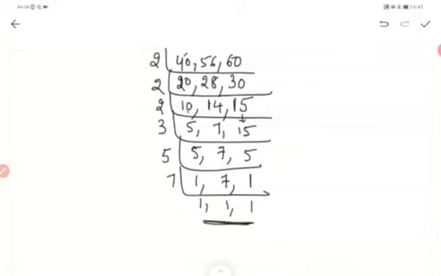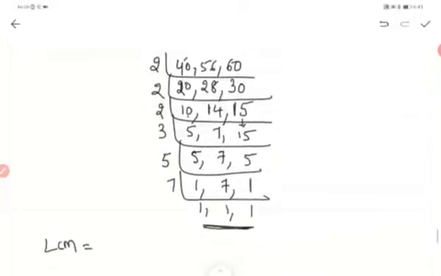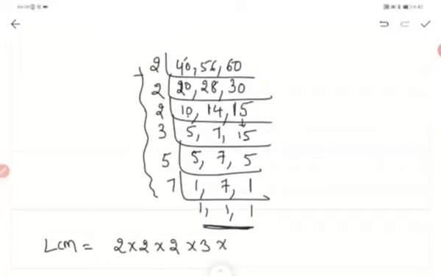Now your least common multiple is nothing but, how many 2's are there? 1, 2, 3. All these you need to just multiply: 2 into 2 into 2 into 3 into 5 into 7 into 1.